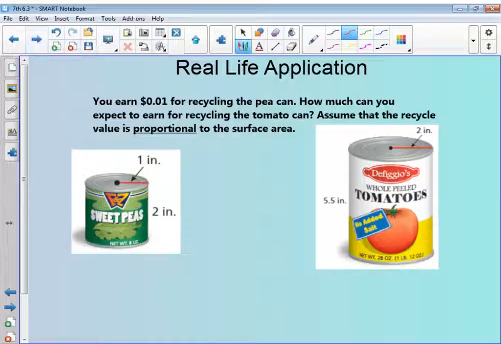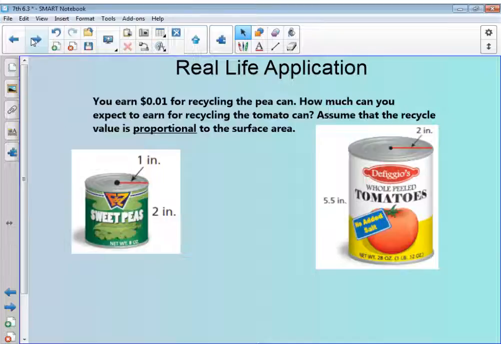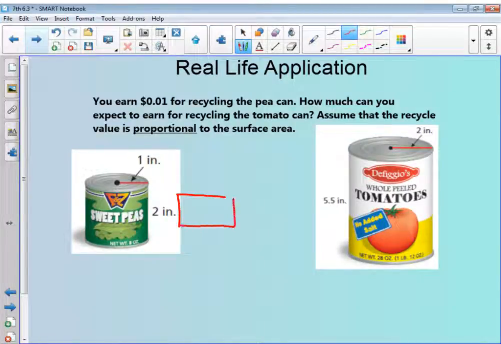So if I jump back to my slide, wasn't it like 12.56? That was for just the lateral. I need the total surface area. So when I did this middle section, remember that was 3.14 times 2, and then I take that times 2, that gave me the 12.56. Now, they want the whole can, the whole surface area. So I have to also include my top and my bottom.